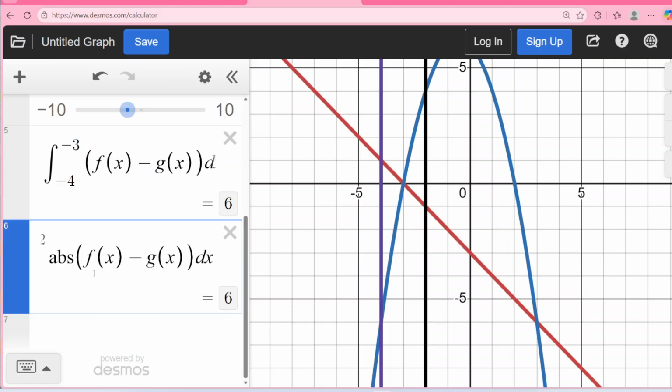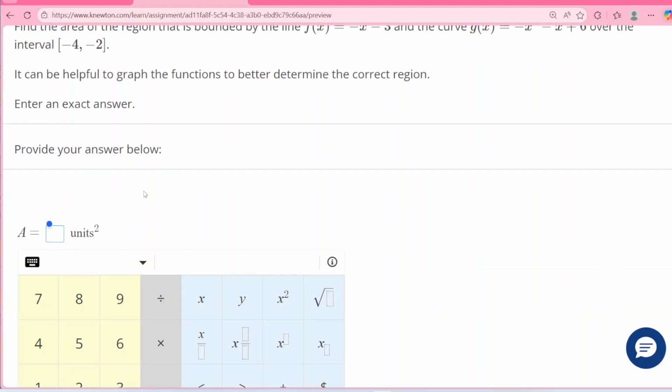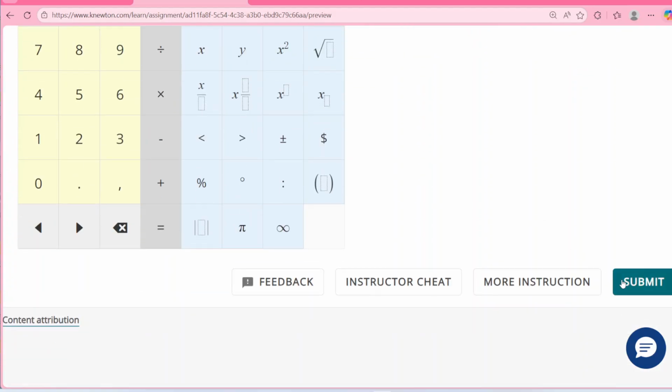You might have seen that before with total area, absolute value of your integrand. So that'd be a quicker way of doing that. Because again, what it does automatically is it breaks it up at the places where it switches, right? It would break it up at x equals -3 like I did in the previous line. Either way we do it though, we got 6 square units for the total area.